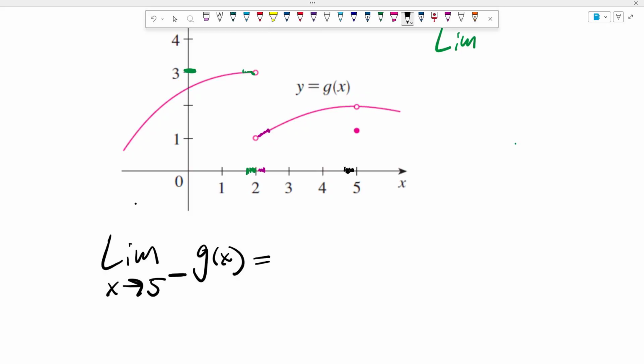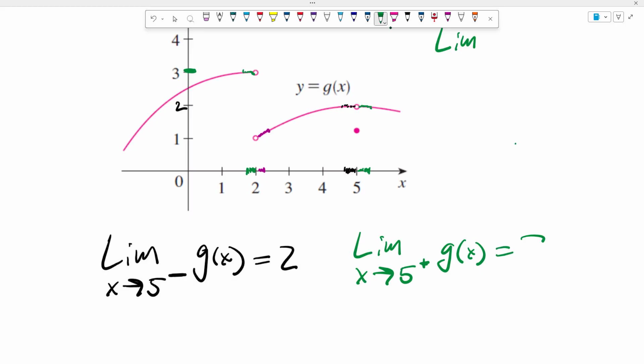As x approaches 5 from the left, these values get closer and closer to 2. What is the limit as x approaches 5 from the right? As x approaches 5 from the right, g of x approaches 2.